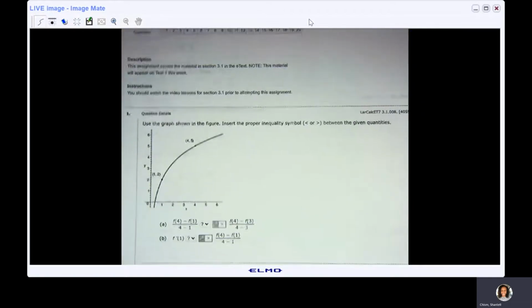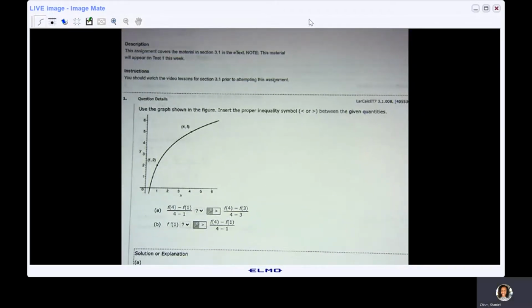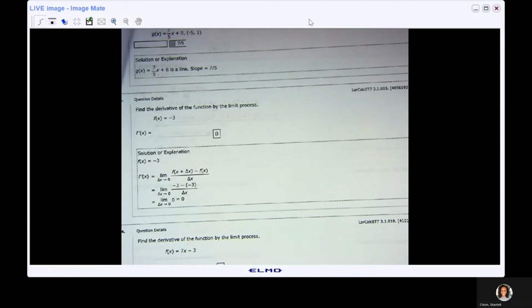So let me take a look at maybe a few problems here, just to kind of practice. This first one is asking whether the function is continuous or differentiable.